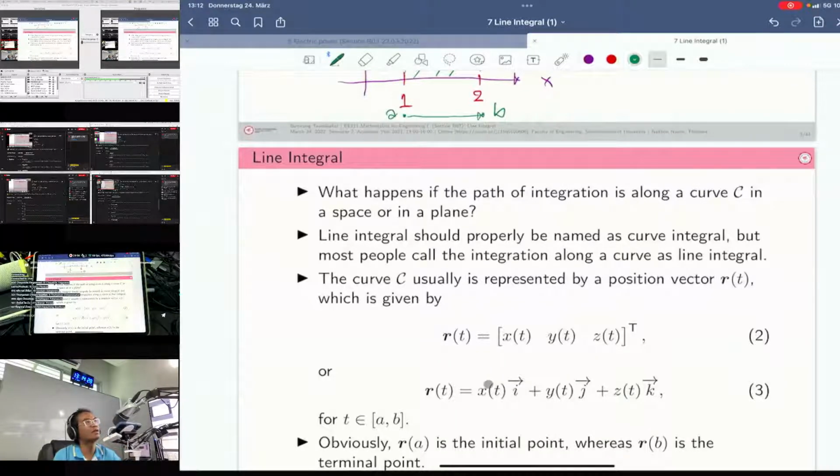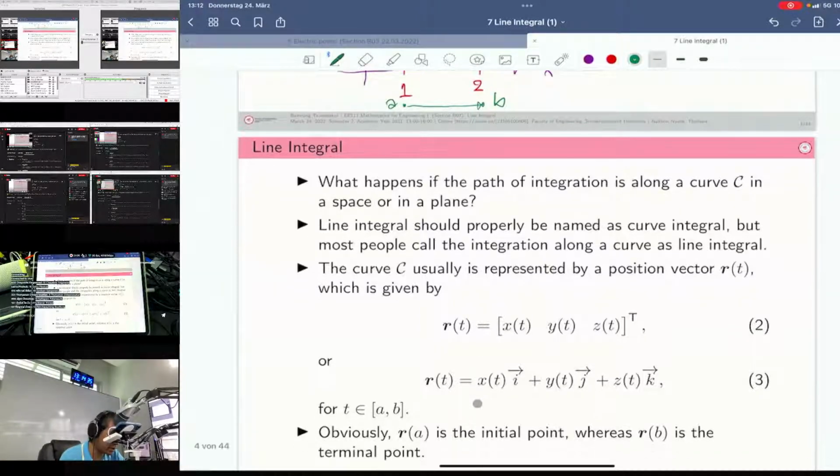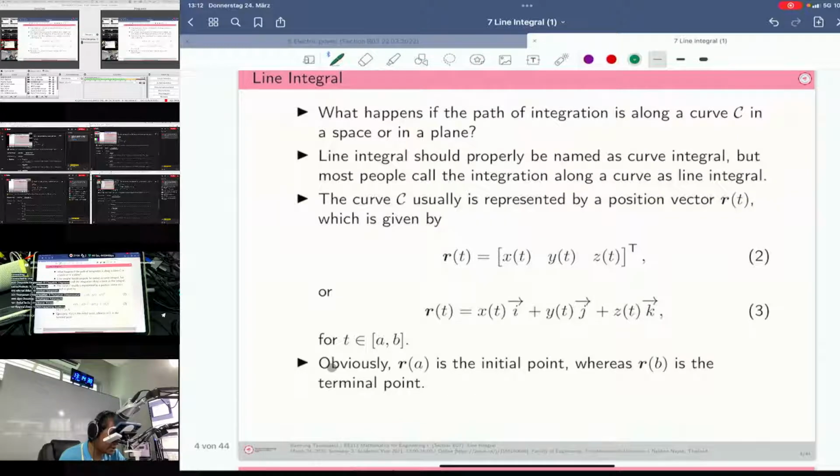We are interested in finding the integral. Obviously, r(a) is the initial point: once we substitute the lower limit of t into the position vector, we have r(a).